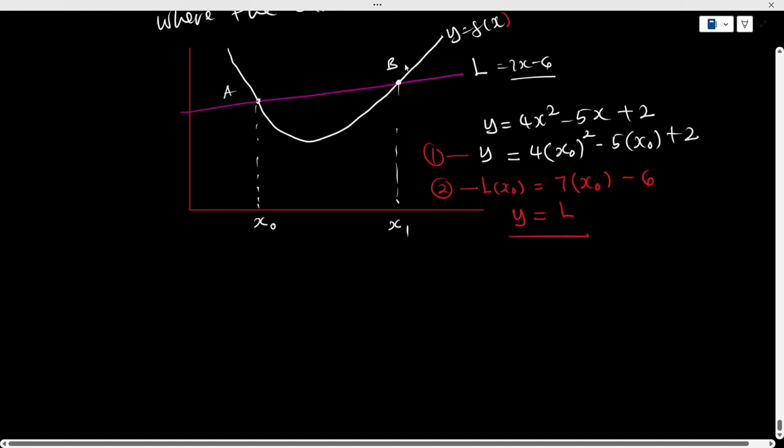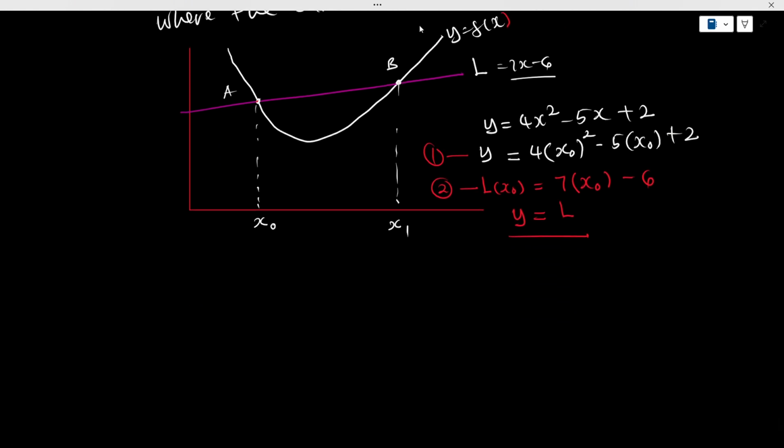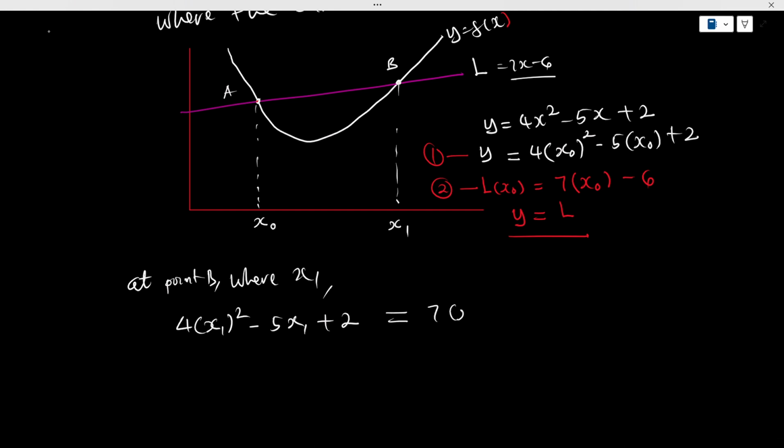So at point B, where x is x1, I'm expecting 4x1 squared minus 5x1 plus 2 to equal the value of the straight line.